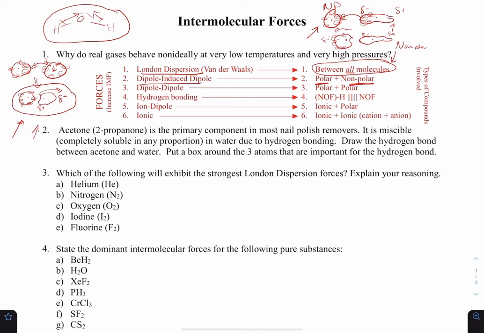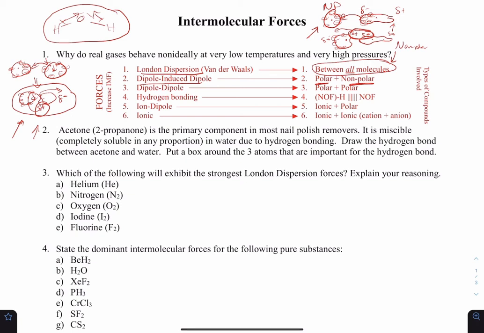So I've got a delta minus right here, and then a delta positive, and this is the interaction that happens, this delta minus with a delta positive. That was what happened here. We had this delta positive and negative right here. It's always positives and negatives that will interact to create these intermolecular forces, okay?